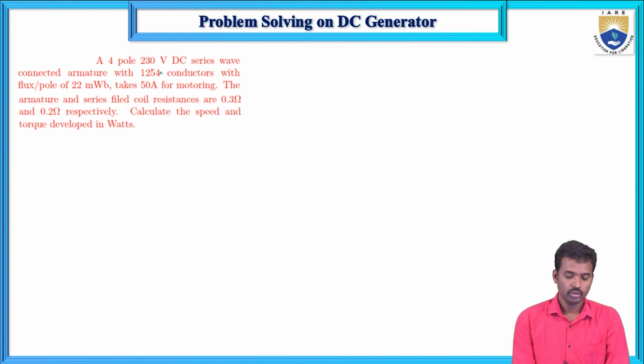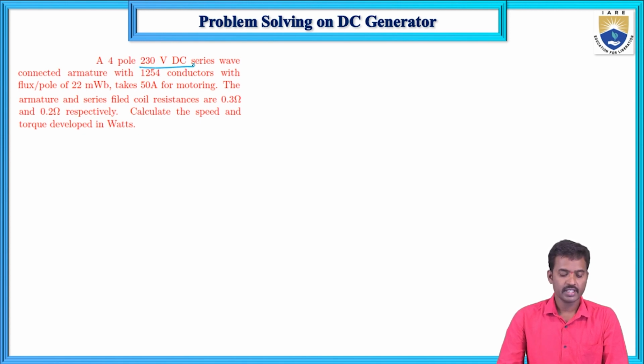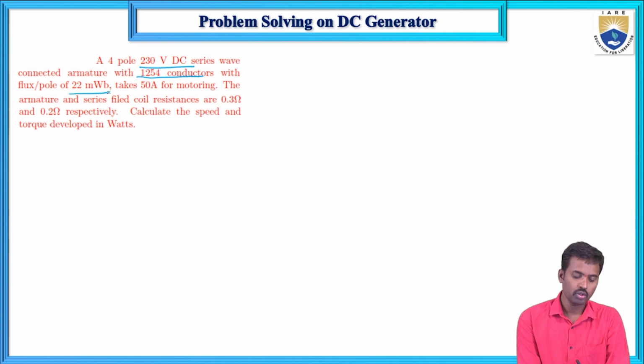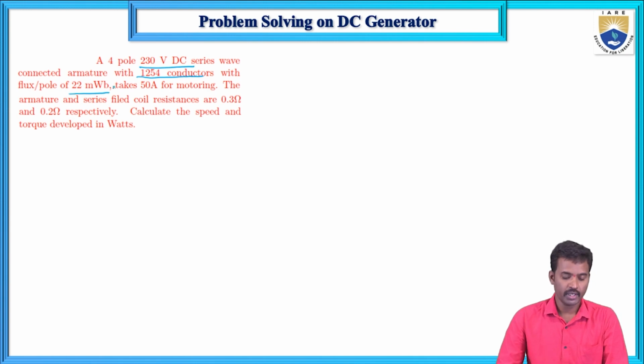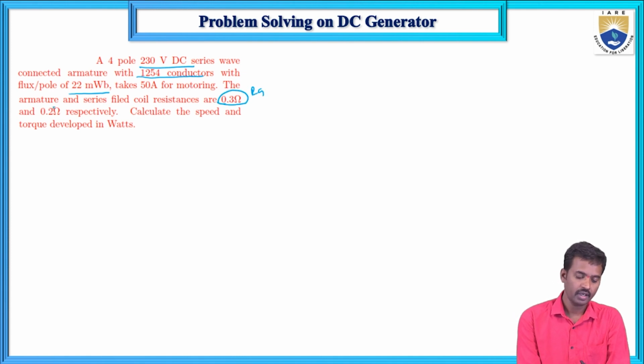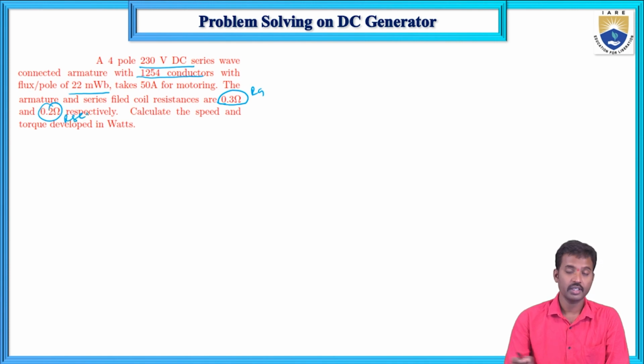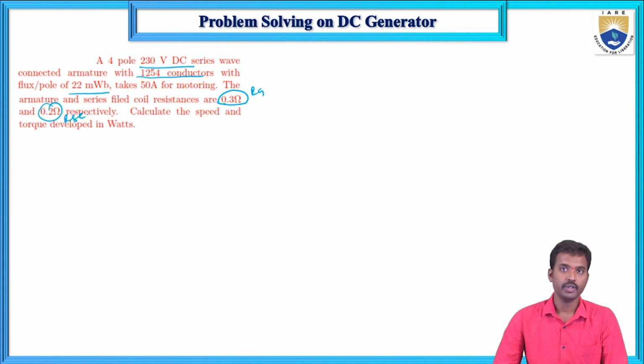A 4-pole, 230 volts series wave-connected armature with 1254 conductors, flux per pole 22 milliwebers, takes 50 amperes for motoring. The armature and series field coil resistances are RA and R series. Calculate the speed and torque developed in watts.